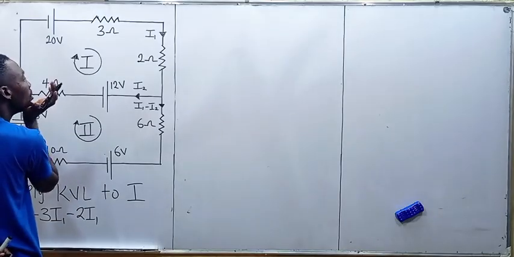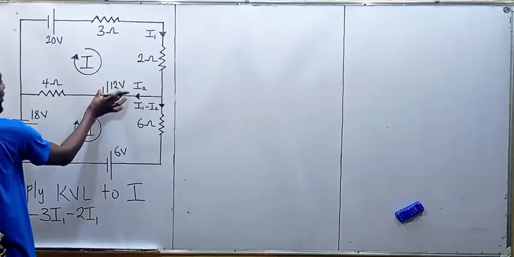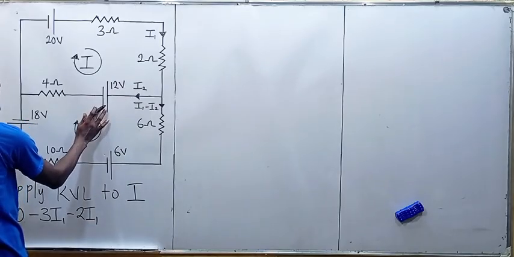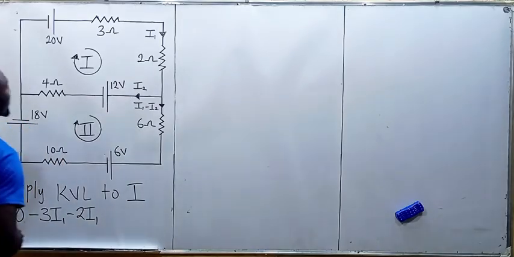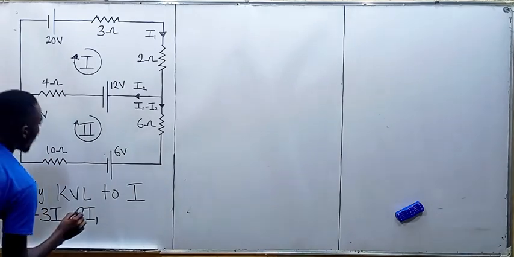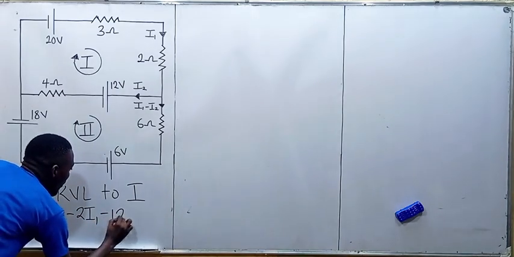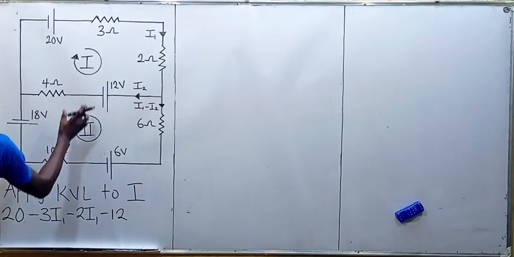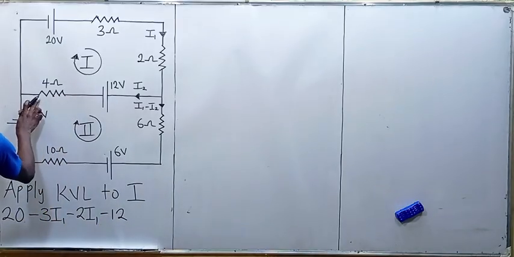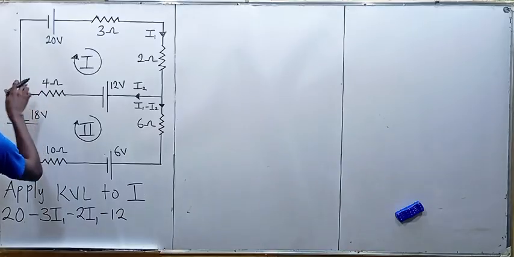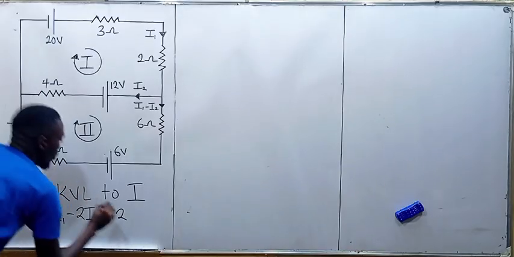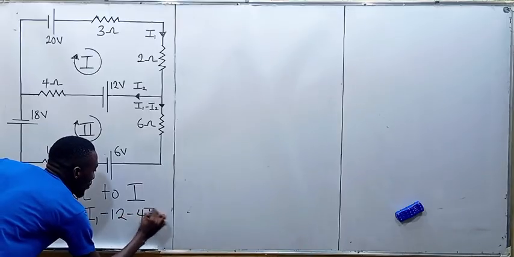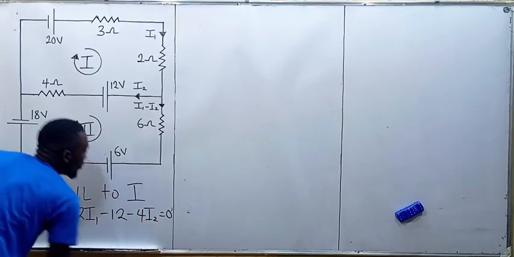Then the voltage source here is going from positive to negative, so it's minus 12. Then from positive to negative, that is minus 4I2. Everything equals 0.